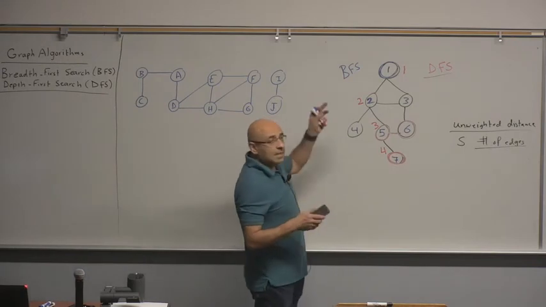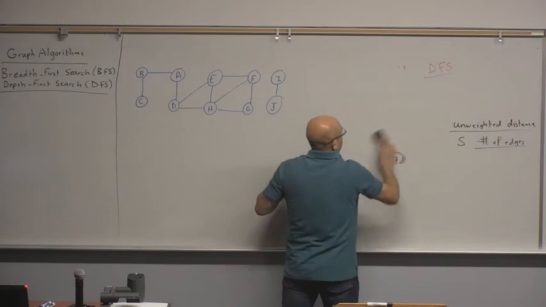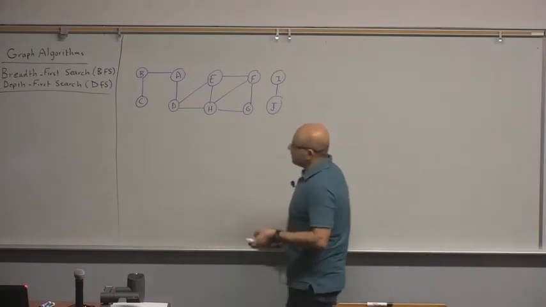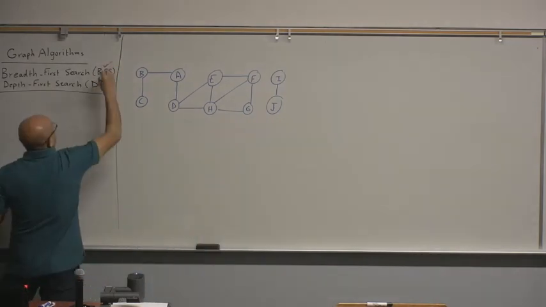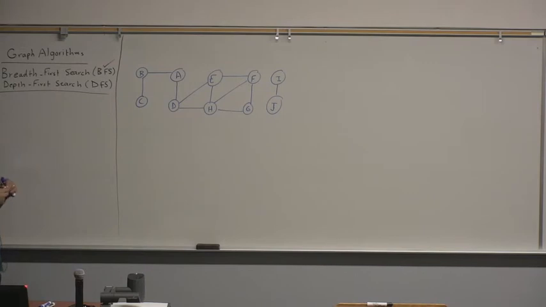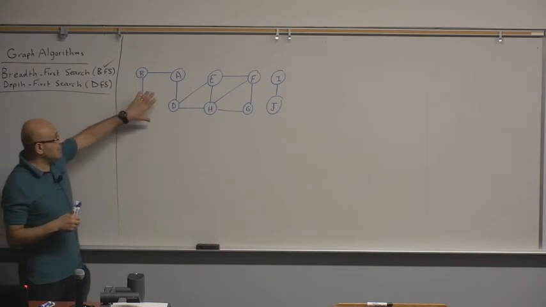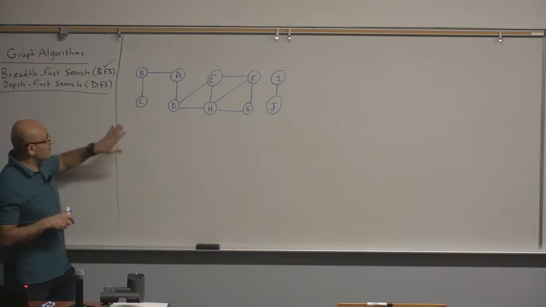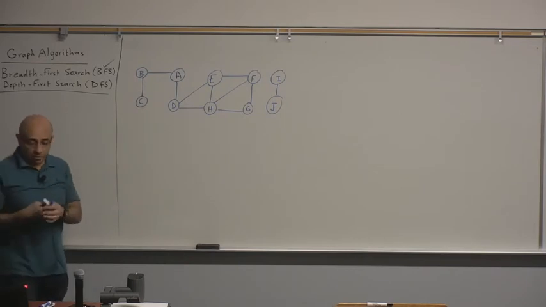Okay, so this is depth versus breadth. Now we will just focus on breadth. Most of this lecture is going to be about breadth first search, and we will use this graph as an example. In breadth first search, or BFS, we are given a graph and a source vertex or node.